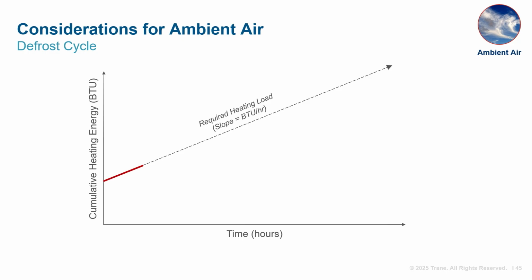Before defrost happens, the heat pump capacity is modulated to match the heating load value. When defrost is initiated and the refrigerant cycle is reversed, the heat pump temporarily acts like a chiller, cooling the hot water loop and heating the outdoor coil. On that chart of BTUs versus time, this is represented with a negative slope.